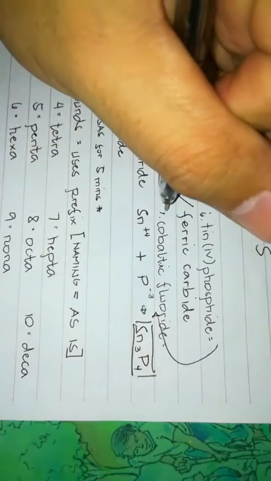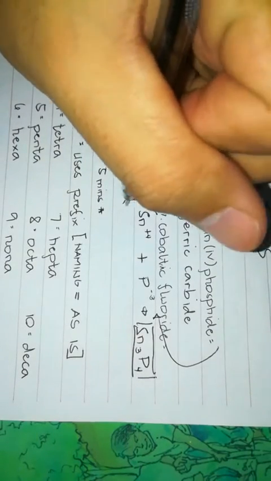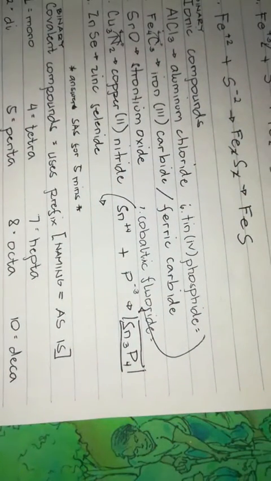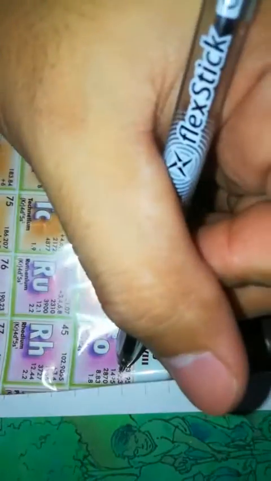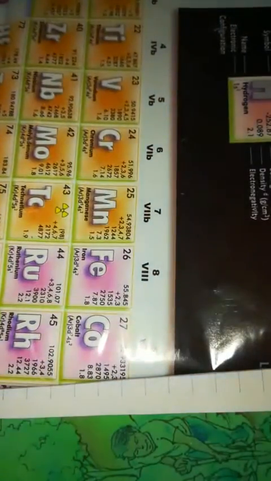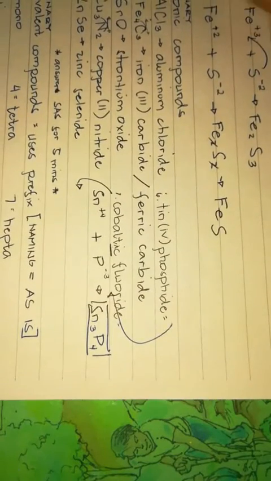Number 7, cobaltic fluoride. Cobalt, tingnan natin sa periodic table. Cobalt is number 27. Meron tayong positive 2 at positive 3. So that means, alin dito ang ginamit? Yung positive 2 or positive 3? Since -ic ang nasa dulo niya, ang ginamit niya ay yung mas mataas.